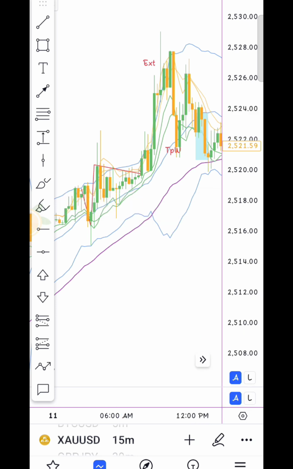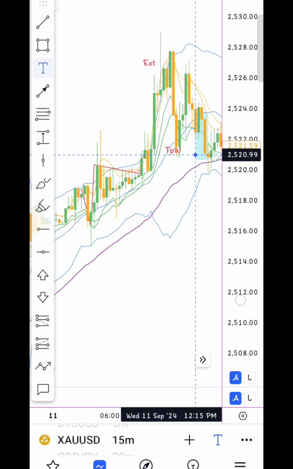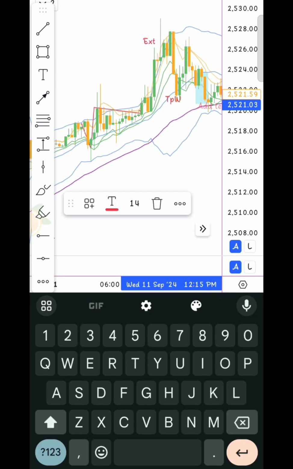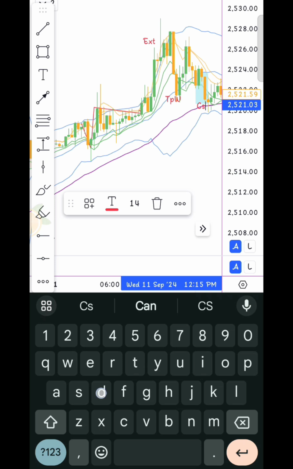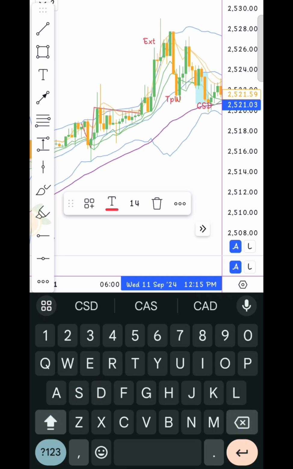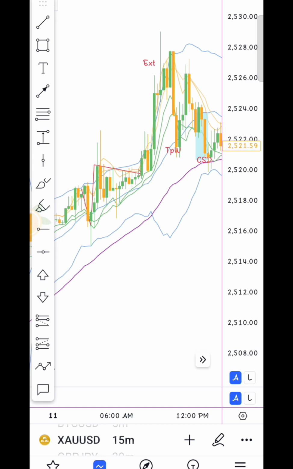That is a CSD, candlestick direction. This shows us that the market is actually interested in changing direction. So we call it CSD at that point.